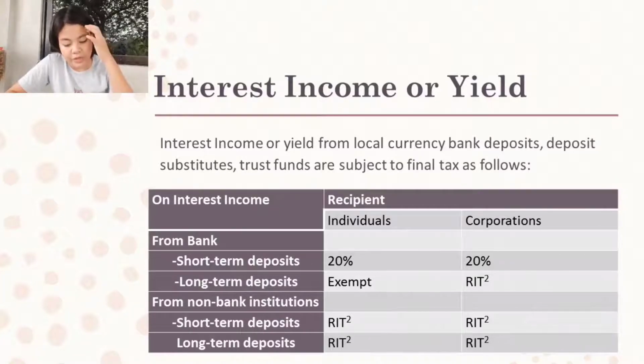And as for the corporations, long-term deposits are subject to regular income tax. From non-bank institutions, short-term deposits or certificates are subject to regular income tax for the individuals as well as for the corporations. For the long-term deposits, regular income tax, and in the corporations, regular income tax also.